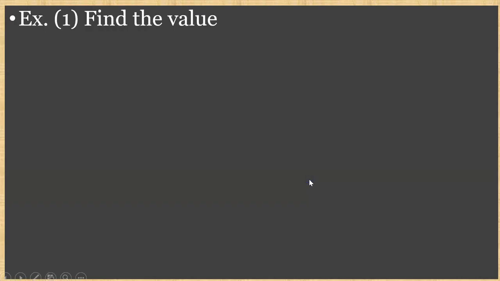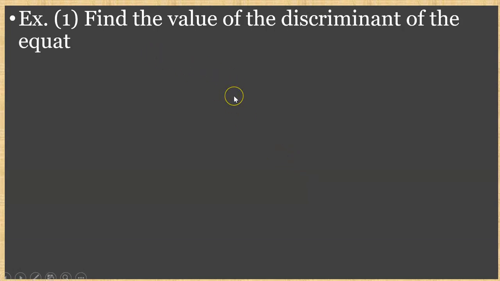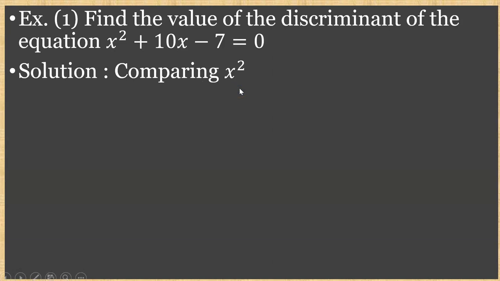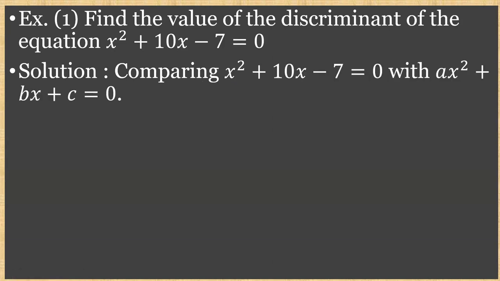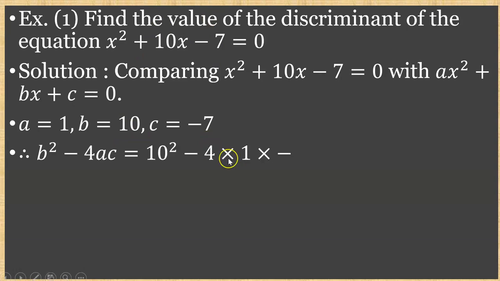Now the solved example. First example बघूया. Find the value of the discriminant of the equation x square plus 10x minus 7 is equals to 0. Again, comparing the equation with ax square plus bx plus c is equals to 0. a is 1, b is 10, c is minus 7. पुन्हा त्या व्हॅल्यू टाकणार या फॉर्म्युलेमध्ये b square minus 4ac, 10 चा square, b is 10, minus 4 into 1 into minus 7 and overall you will get here 100 minus and minus that will become plus. इथे bracket पाहिजे होता.